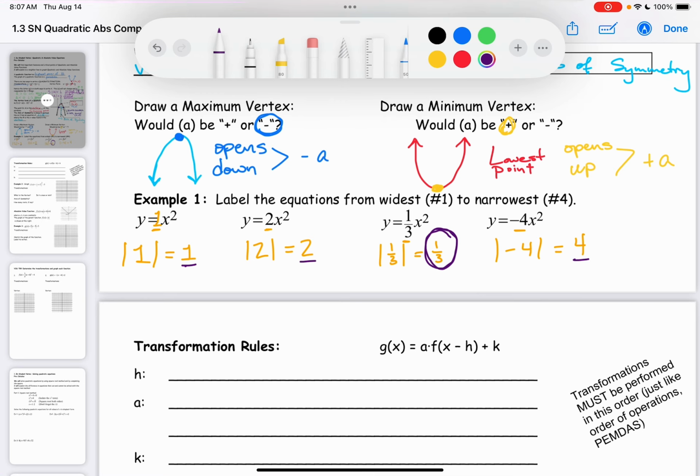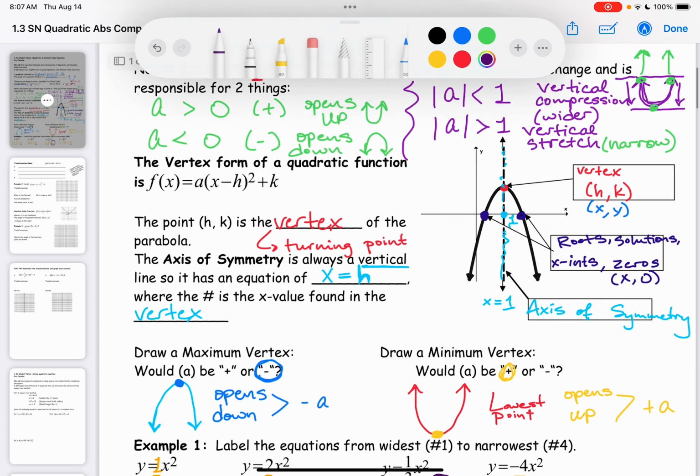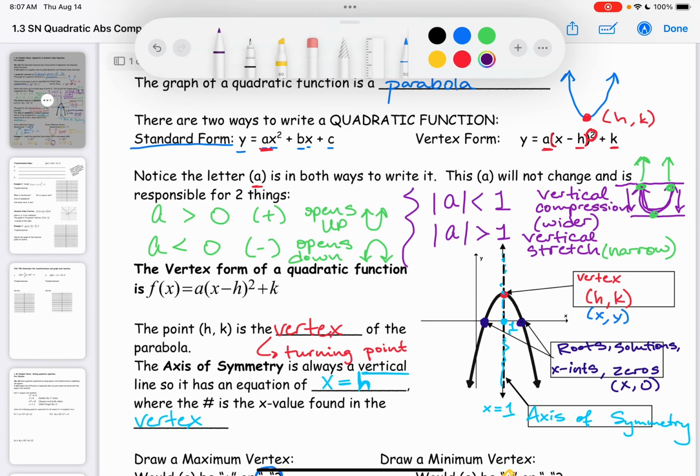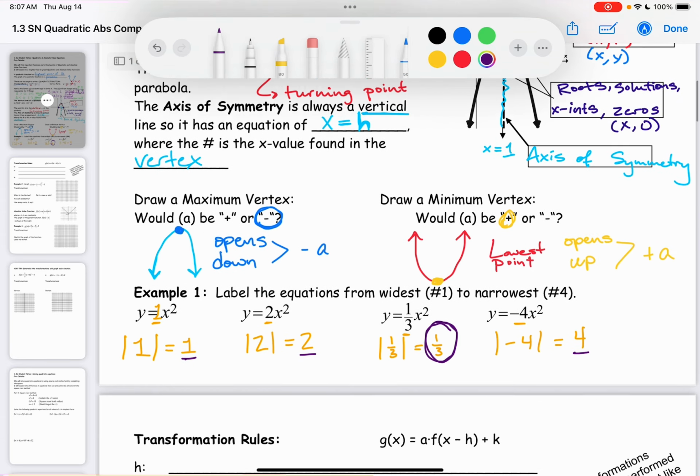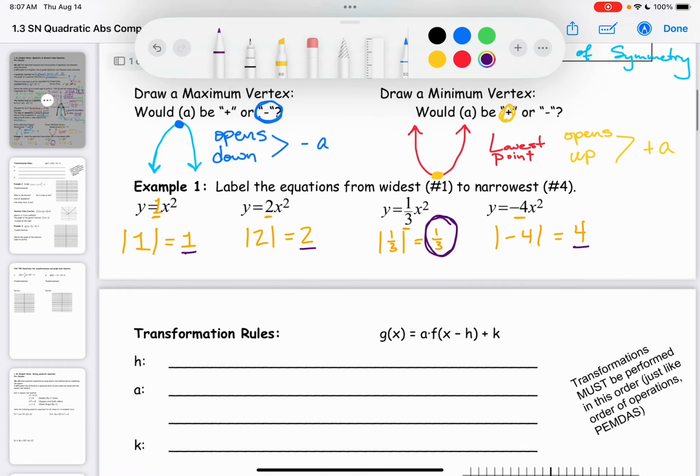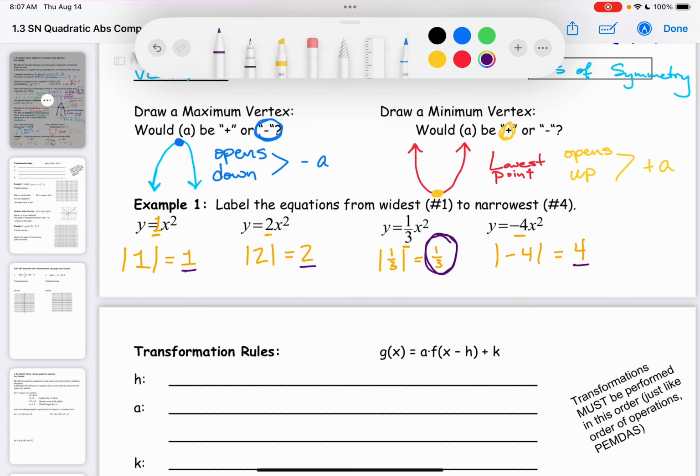This one's even greater than 1. And what happens when it's greater than 1? Well, that's a vertical stretch. So actually, the higher the number, the more it's stretched, and it's going to be narrow. So the only one that's actually being compressed is this guy right here. And since it's being compressed, that means it's our widest.